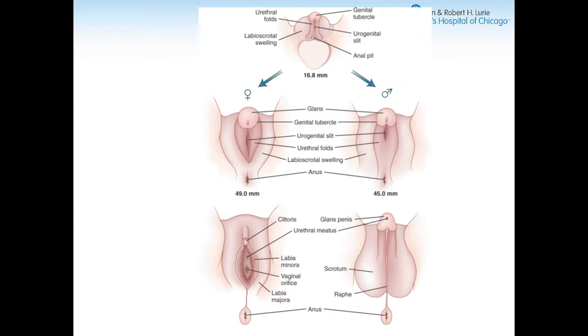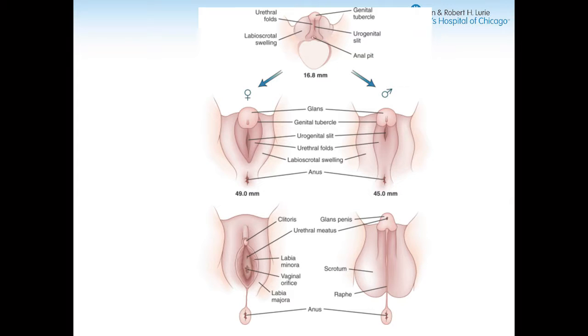And externally, the same is true. So by about 6 weeks of gestation, this is what you would see in a baby's genitalia if you're looking straight on between their legs. So you see up here at the top, this genital tubercle. This becomes the glans clitoris and the glans penis. The urogenital slit here becomes the opening to the vagina, and it zips up here in the male.